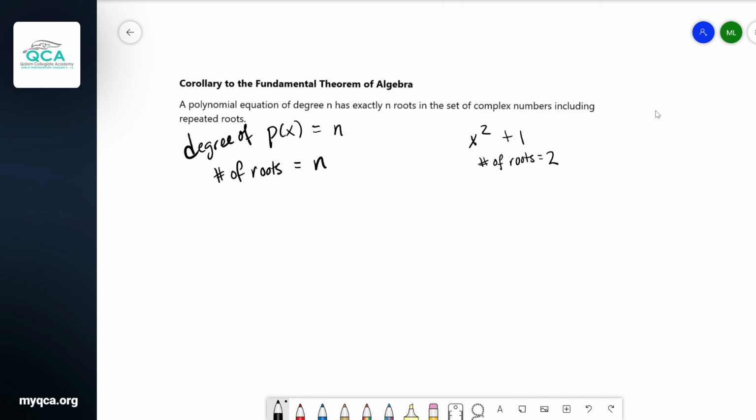And it could be, as long as it's in the set of complex numbers, and complex numbers include the reals, because a real is a plus 0i. It includes even the imaginary plus the real part. So again, it's the complex numbers.